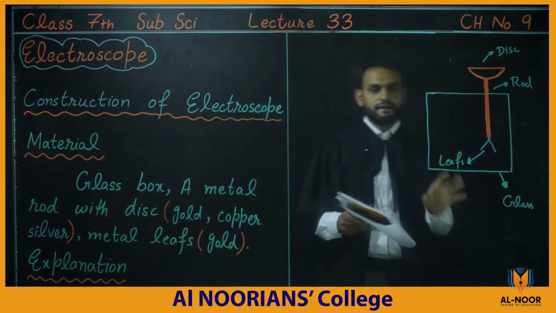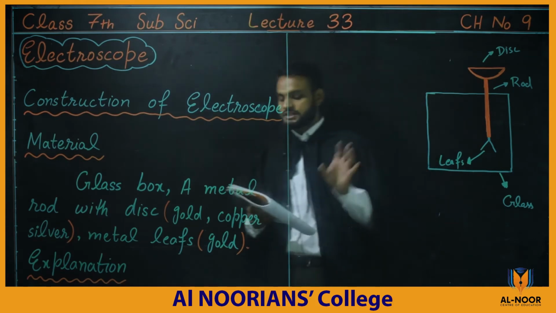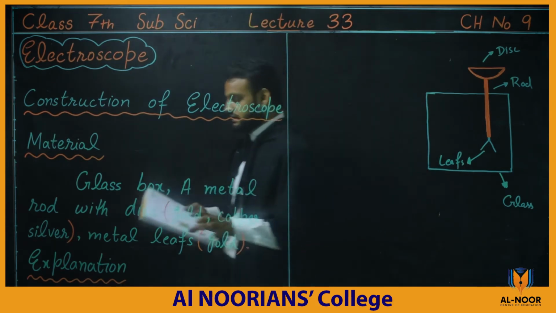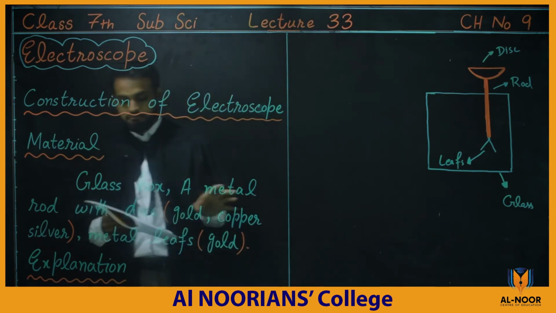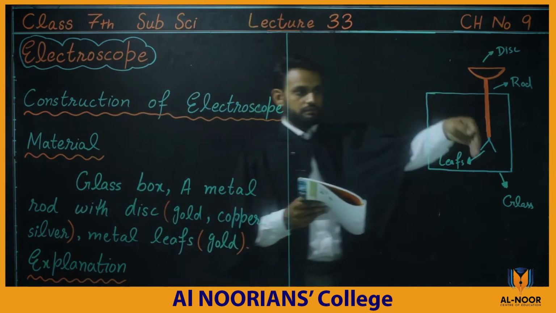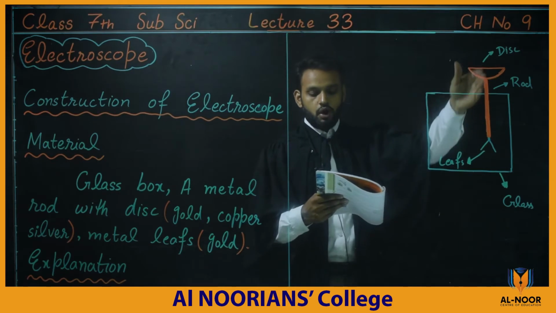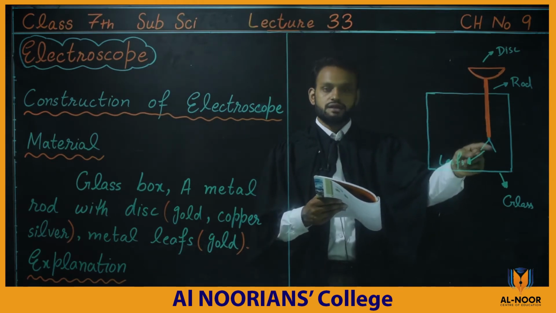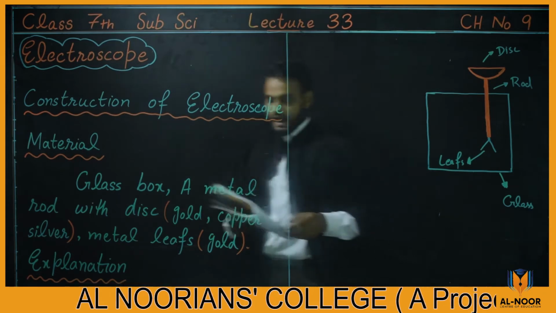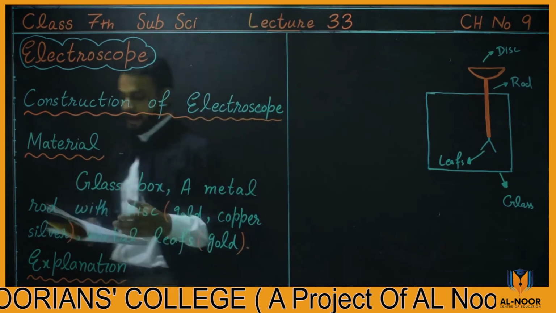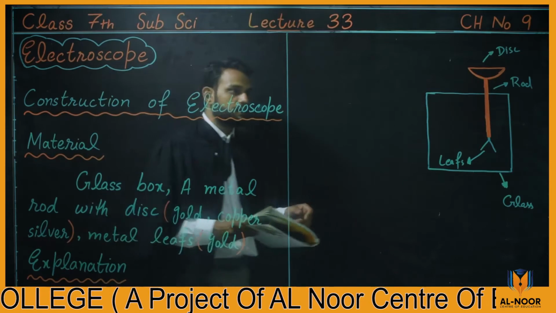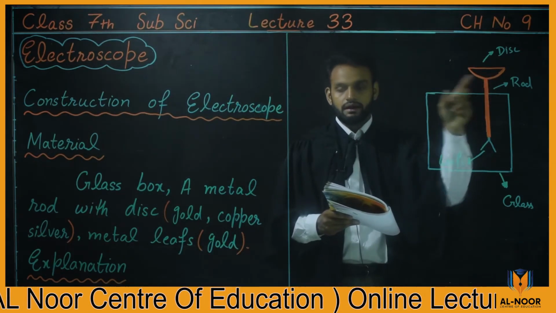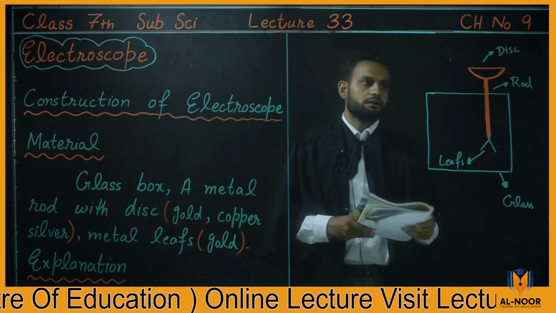It is an instrument which works on the principle discussed above. The vertical metal rod has a thin metal strip or a leaf attached to its lower end. At the top, the rod ends in a circular disc. This is not a circular, this is half of the circle.